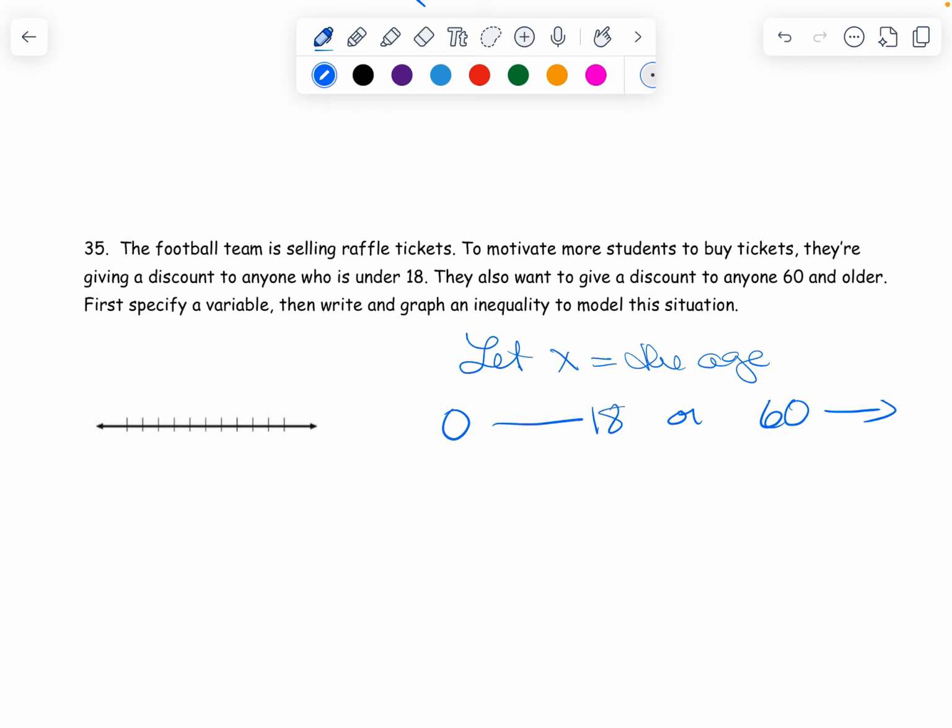So I'm going to write first, specify a variable, then write and graph an inequality. Okay. So 0 is less than or equal to X, which is less than 18, or X is greater than or equal to 60.